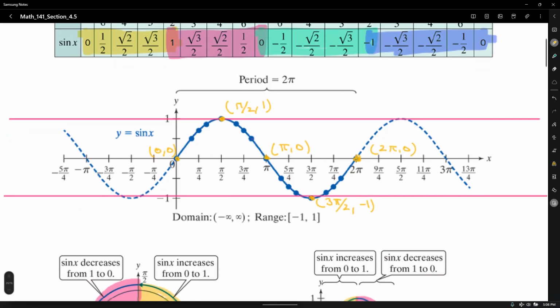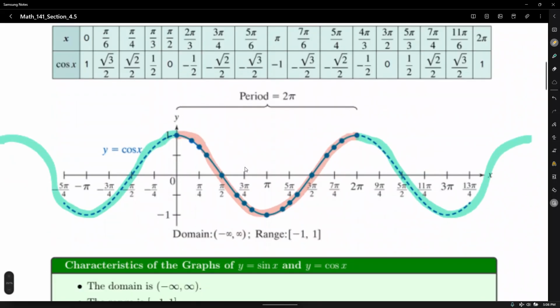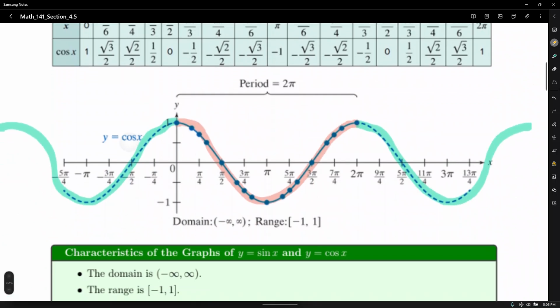So we will use these 5 key points as a basis to graph other trigonometric functions that will undergo some translation, shifting, shrinking or expansion, as you will see later. For the cosine function, the key points are slightly different.